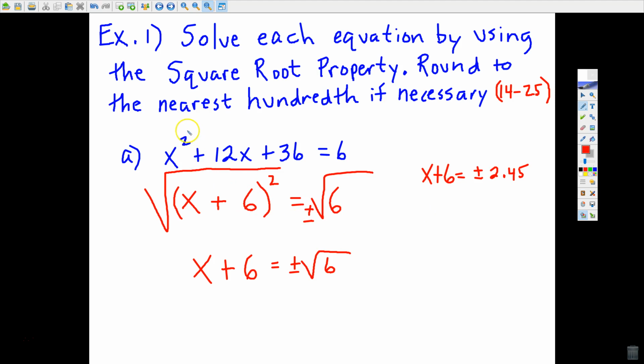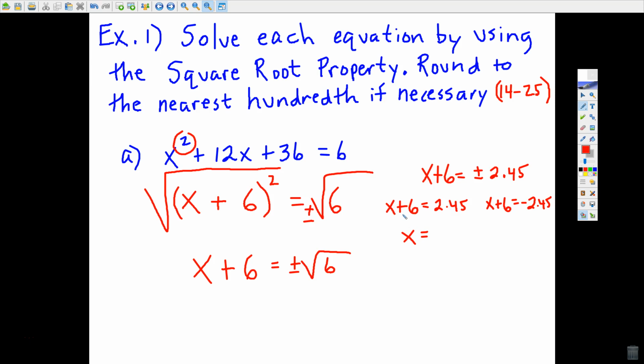So now remember, for a quadratic, we're going to come up with two solutions. One of them will be found by solving the positive, x plus 6 is equal to positive 2.45, and the other solution will be found by solving for the negative, x plus 6 equals negative 2.45. Okay, so over here we're going to subtract 6.